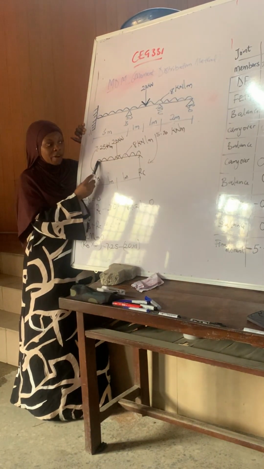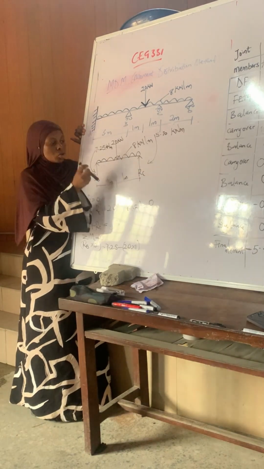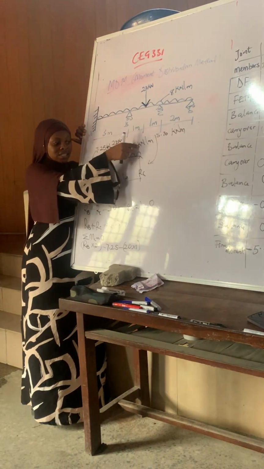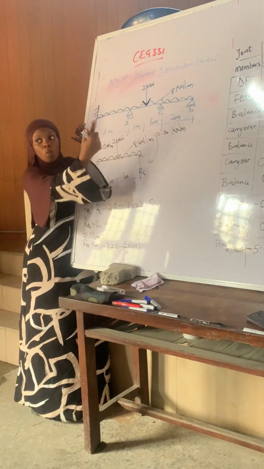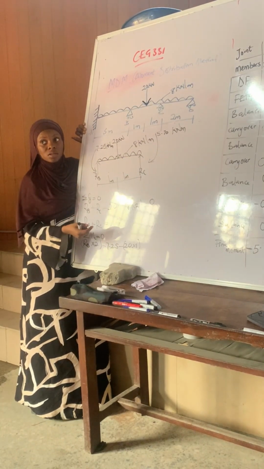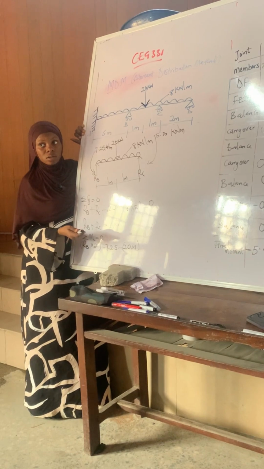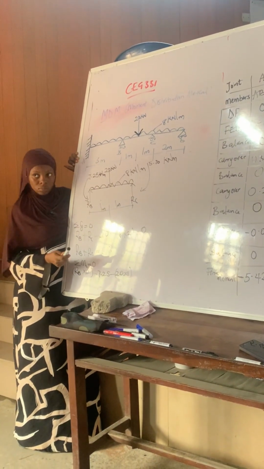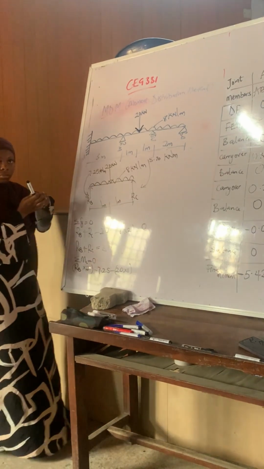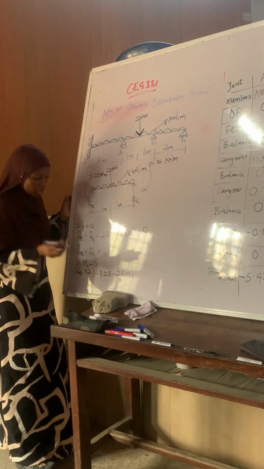This one, RB multiplied by what? 2. So this one now, we are going to be saying that 8 times 2 times 1. 8 times 2 to turn to a point load, then 1 for the distance. So let's continue.